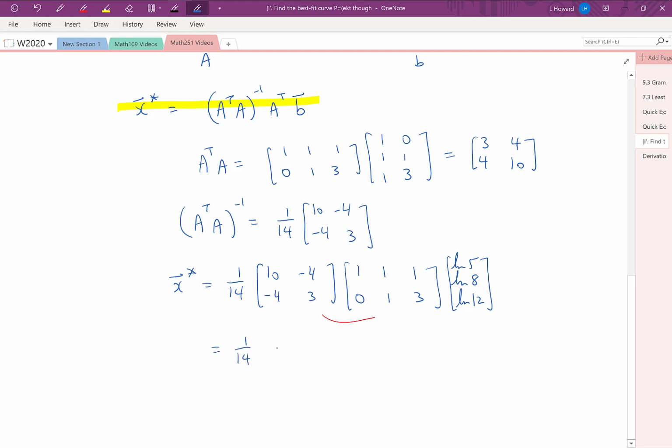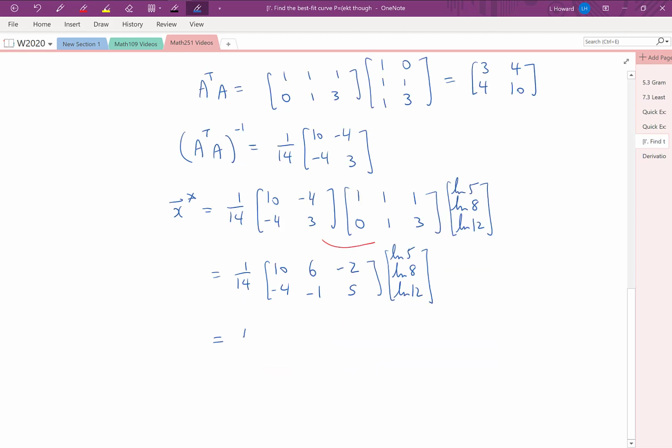So we'll go 1 over 14. We're going to create a 2 by 3 matrix, and then that's going to be multiplied by our vector of lns here. All right, so doing our multiplication, we're going to have 10, 6, -2, -4, -1, and 5, just from multiplying out those two matrices. And then we've got our vector of lns at the back here. So the ln 5, ln 8, ln 12.